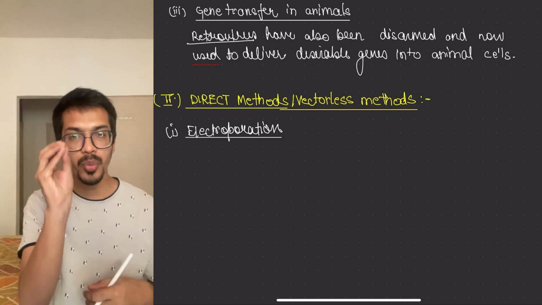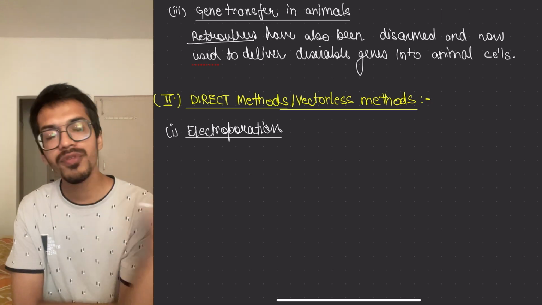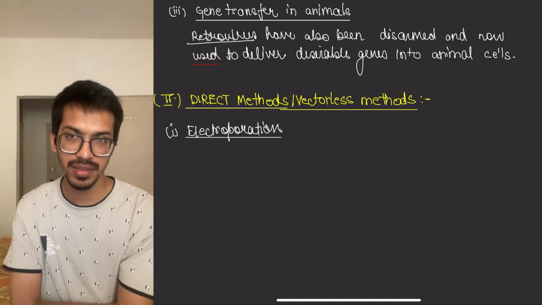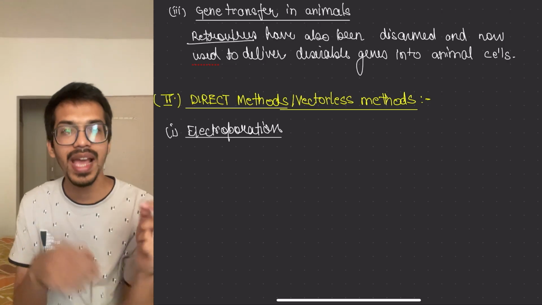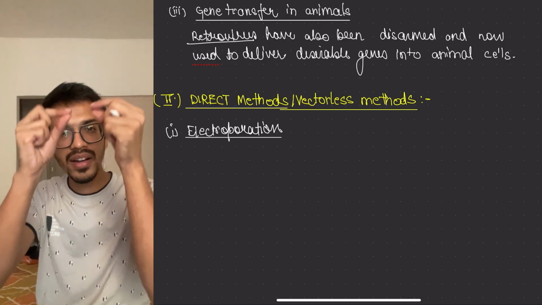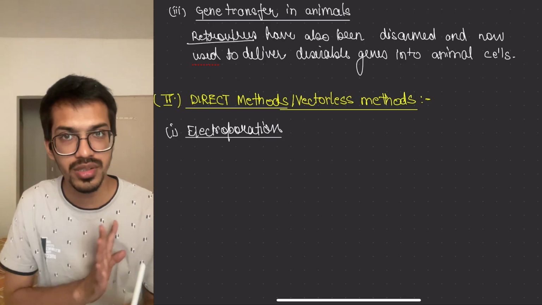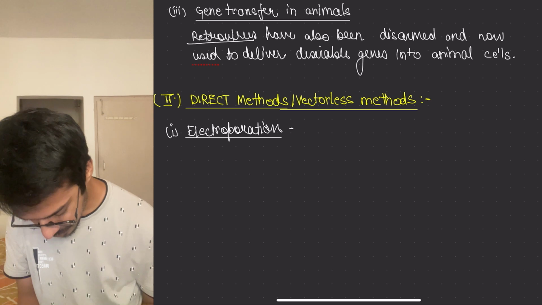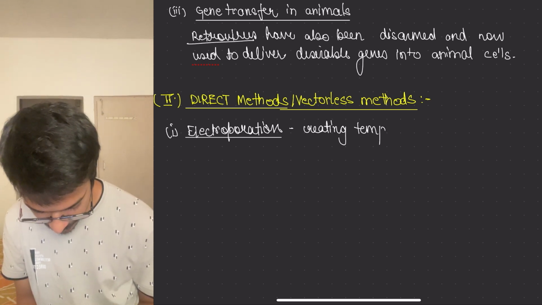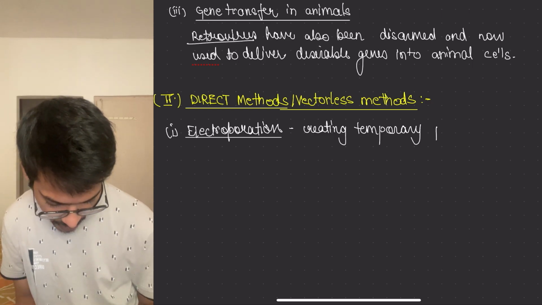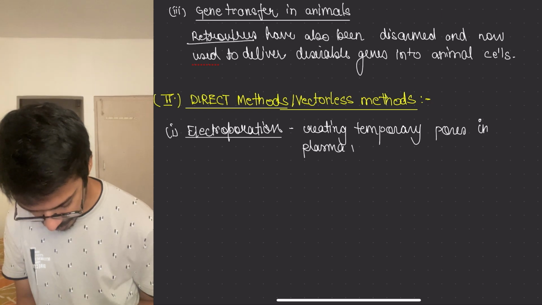Electroporation means pores will be created on the cell membrane. Okay, there will be certain temporary pores we will create with the help of electricity, and through that we will directly inject our DNA, gene of interest. So it is creating temporary pores in plasma membrane.